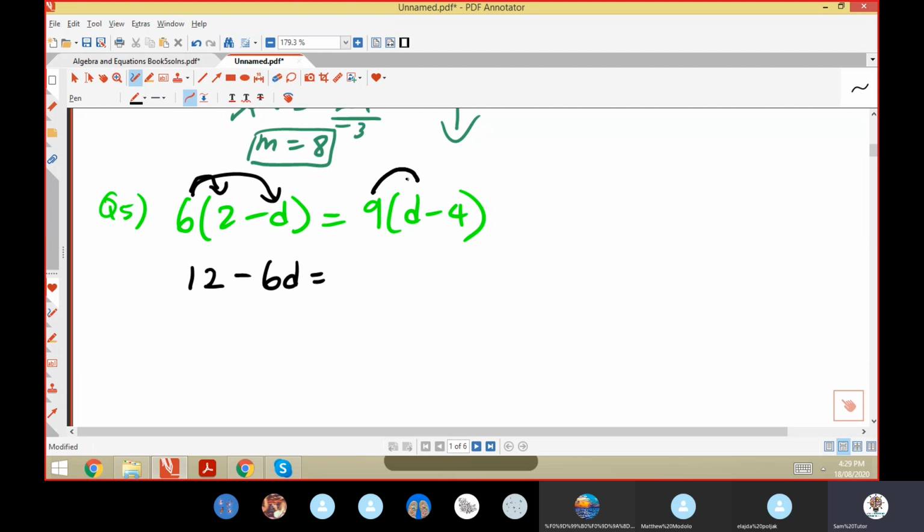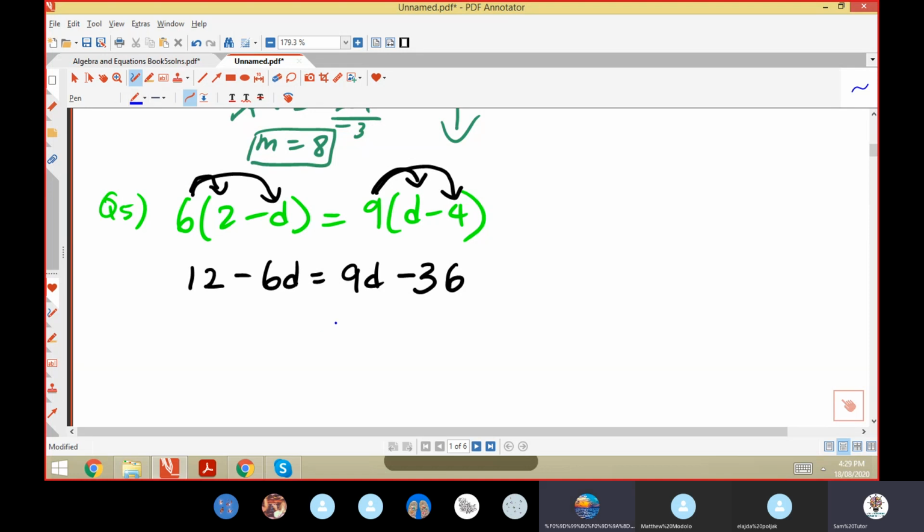Equals 9d. And then 9 times 4, 36. Okay, what are you going to do now?